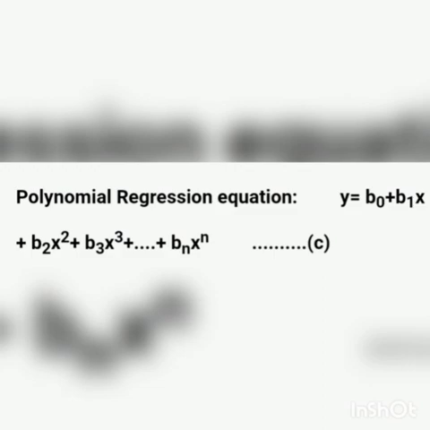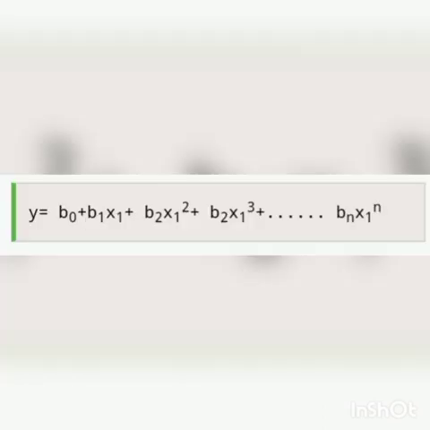Let us say we have y equals m1x plus m2x squared plus m3x cubed, and so on, up to mn x to the power n. Here n is the hyperparameter, that is the power of x, and m1, m2, m3, the slopes, are the model parameters.